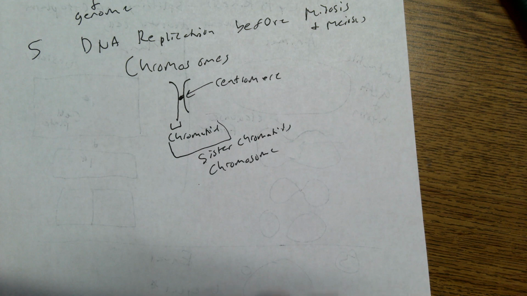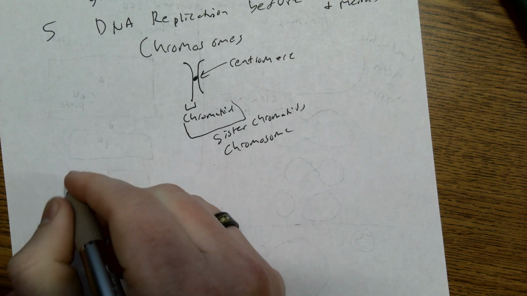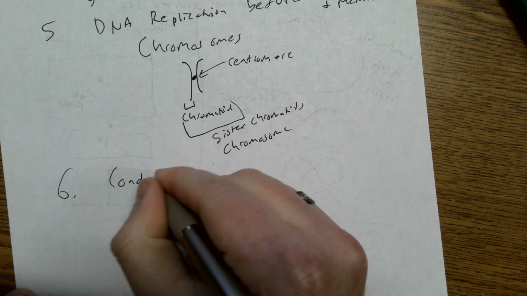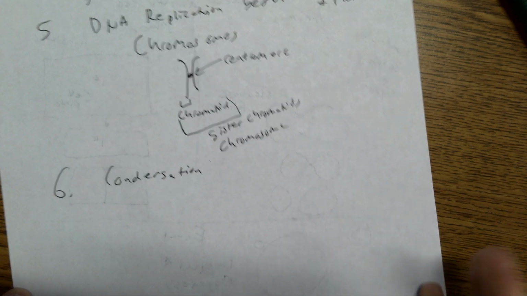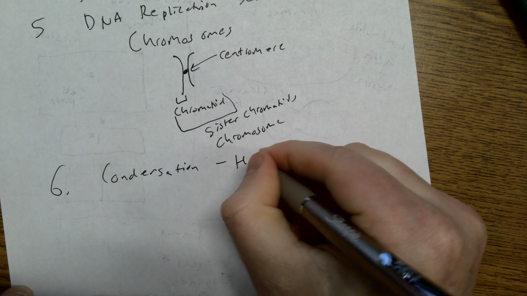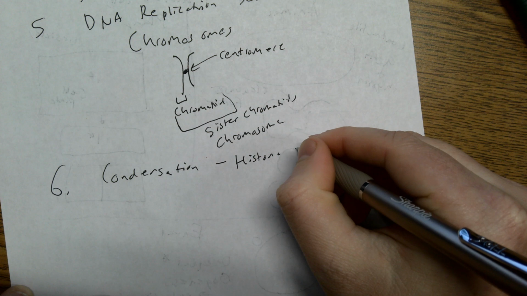Alright, then, to do this, to have these chromosomes, we have to condense them. And so they undergo condensation, and that's just a way of saying they package more tightly together. And so they're packaged by histones. If you're in HL, you already learned about histones.